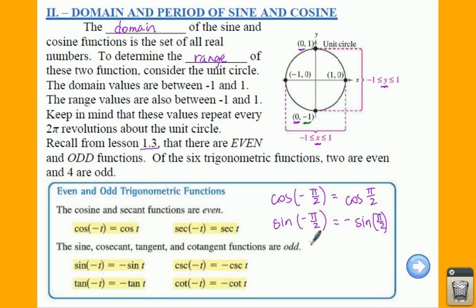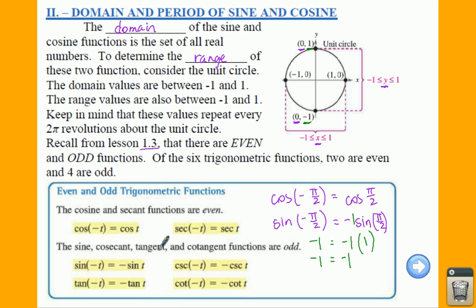So negative 1 would have to be the same thing as negative 1 times sine of pi over 2. If you go around your circle in the positive direction of pi over 2, here your sine is a 1. So sine of pi over 2 is 1. Negative 1 times 1 is negative 1. So notice how these values work out. You have negative 1 equals negative 1.